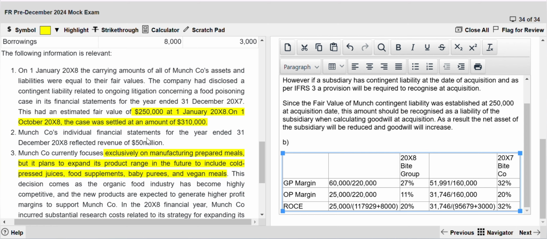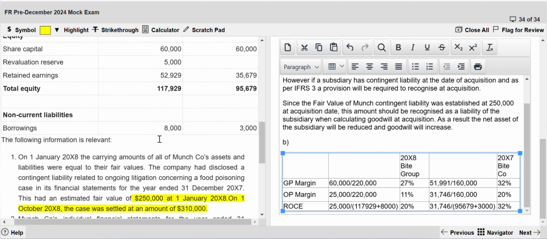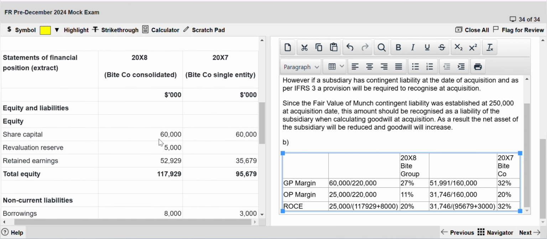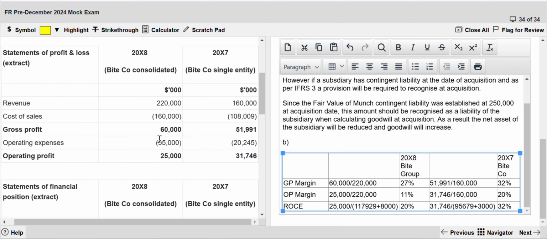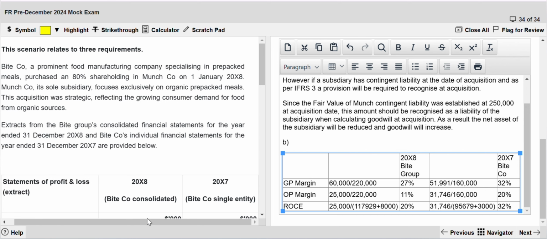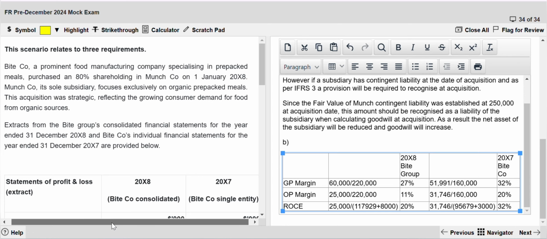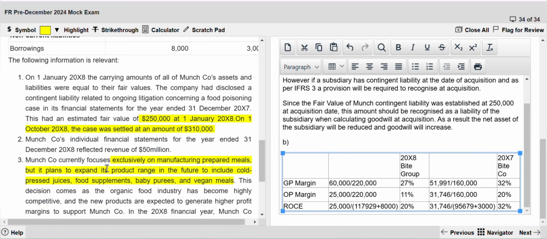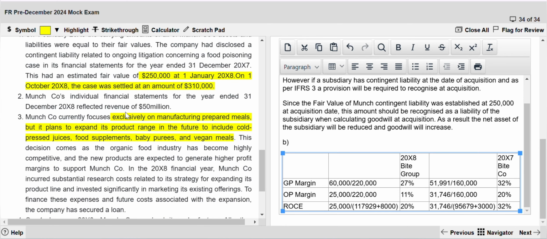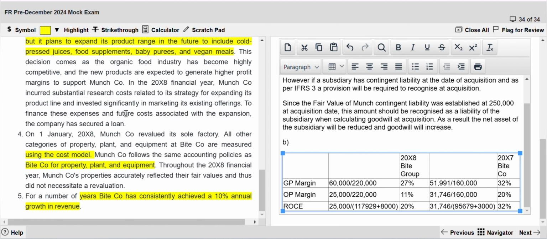പക്ഷേ ഇതിൽ 50,000 of 220,000 is coming from Munch company. അപ്പോൾ അത് റെഡ്യൂസ് ചെയ്ത് കഴിഞ്ഞാൽ 170. So 10 മാത്രമേ കൂടിയിട്ടുള്ളൂ. That is not that good, right? Parent in the sales കുറവാണ്, correct? You understand the point? And ഇവിടെ പറയുന്നുണ്ട്, it has achieved consistently 10% growth in revenue.